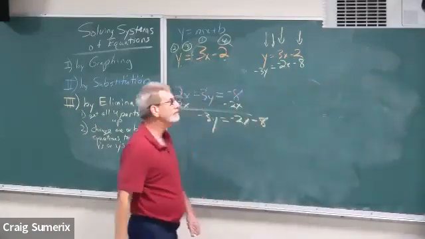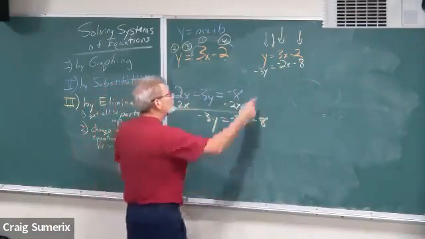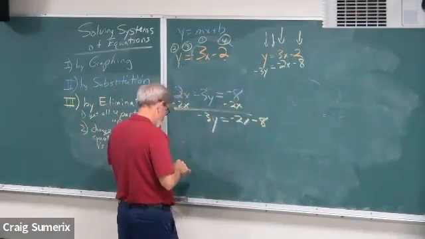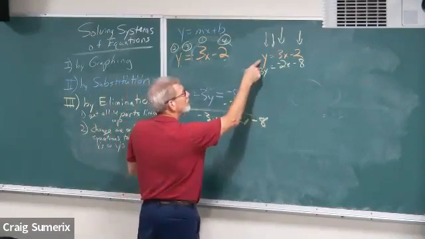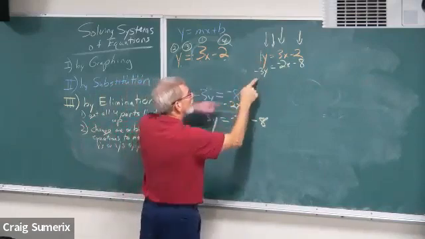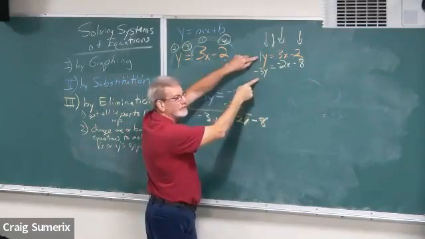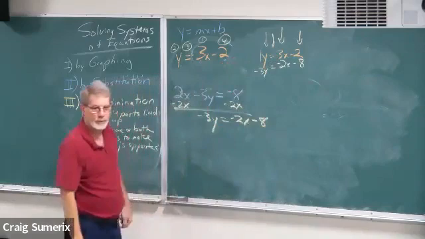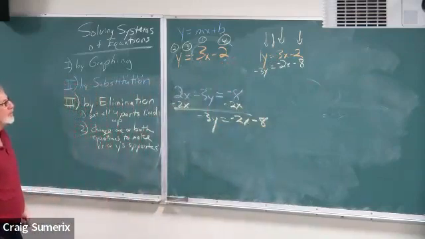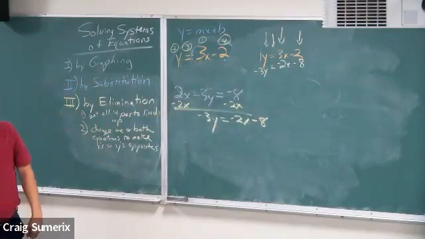What does that mean? Well, what's the coefficient on Y here? 1. 1 and negative 3, are they opposites? No. 3 and negative 2, are they opposites? No. So which one do you want to make opposites? Your X's or your Y's? Which one?